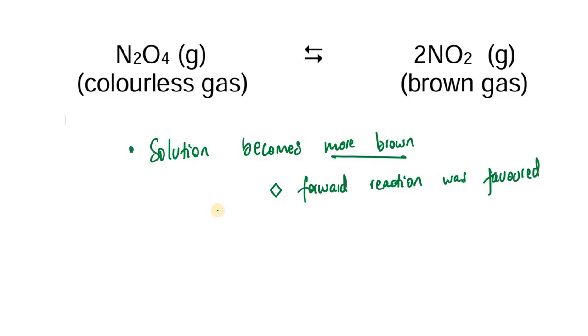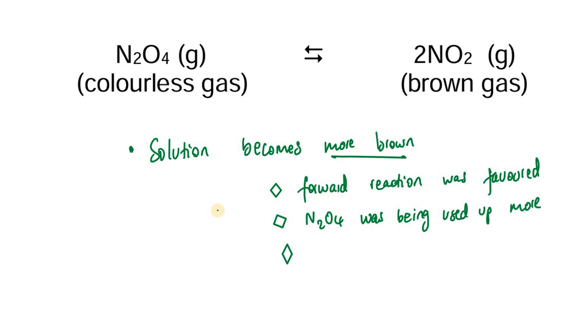And if the forward reaction was favored, that means N2O4 was being used up more, because now it's being used up to form the brown gas. Now if it was being used up more, what happened in the first place? Why would the system just decide to use up N2O4?